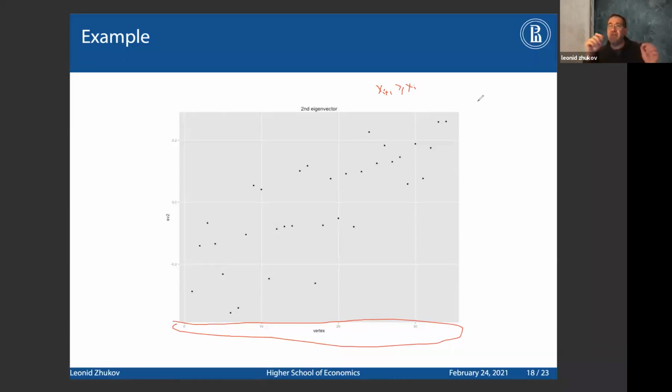So I take the eigenvector, sort it, and then renumber the nodes based on that sorting, based on that ordering. Is it clear what I'm trying to do? Okay, so I want to permute it. And then very interesting things happen.